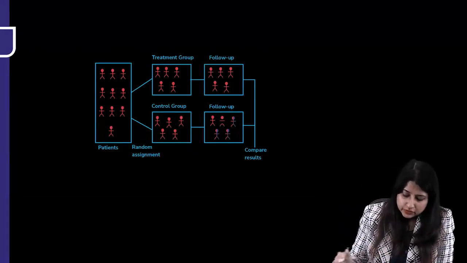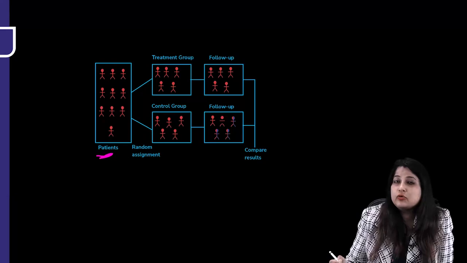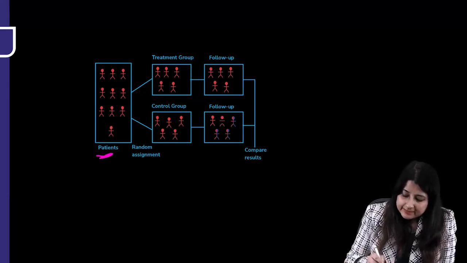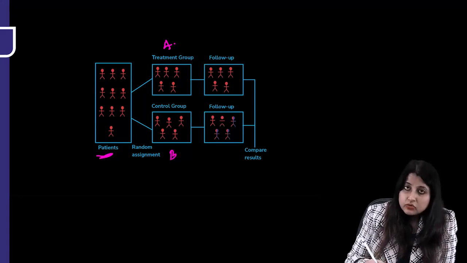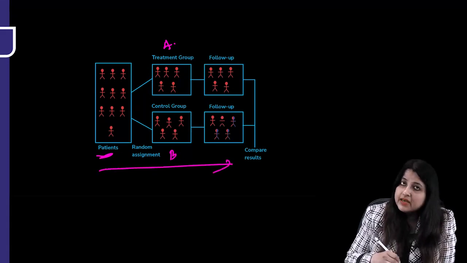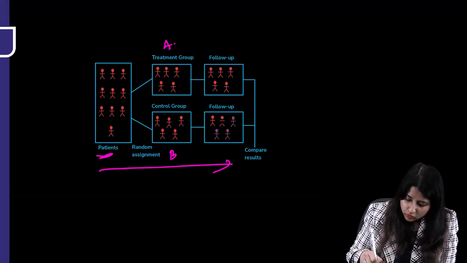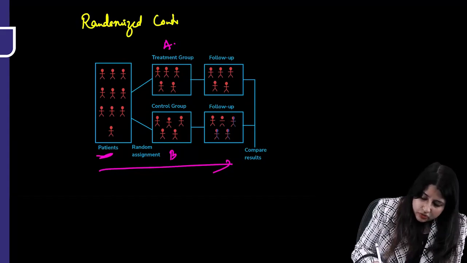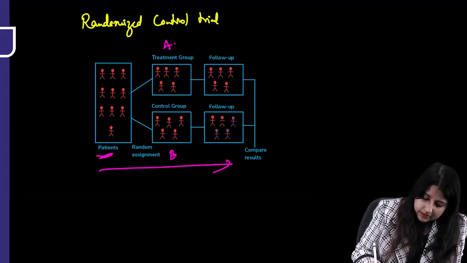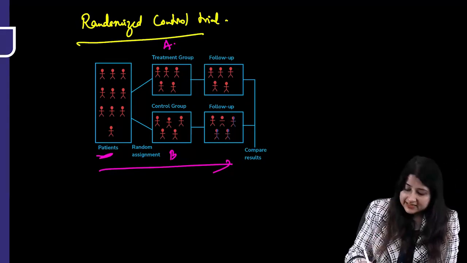What is this group? If you see here, the study group is patients. And it is being divided into A and B groups, treatment and control group. And then we are following them up and comparing the result. So what is this, everybody? This is actually a randomized controlled trial. This is phase 3 of a clinical trial.